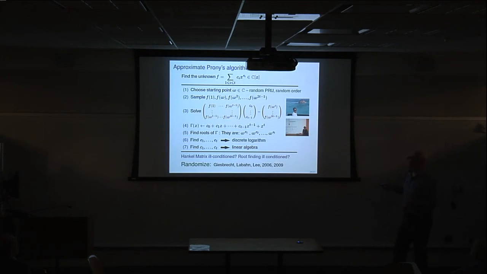So that says to me that, okay, for a constant size support, so for a constant number of terms, this is a good algorithm. In practice, it's a good algorithm all the time. Proving it's a good algorithm all the time seems to be a very difficult problem.